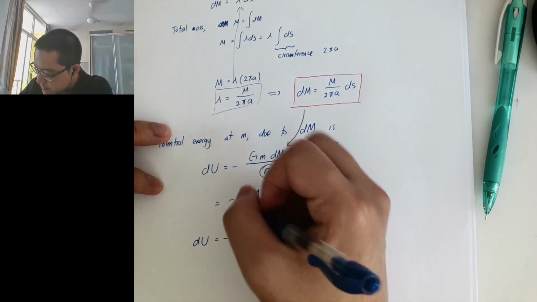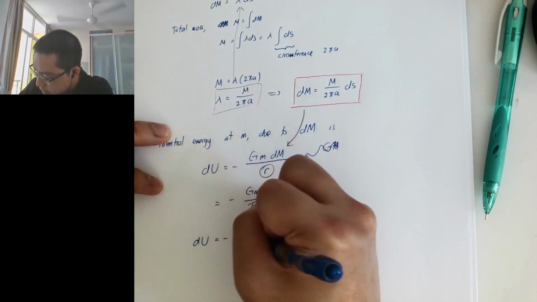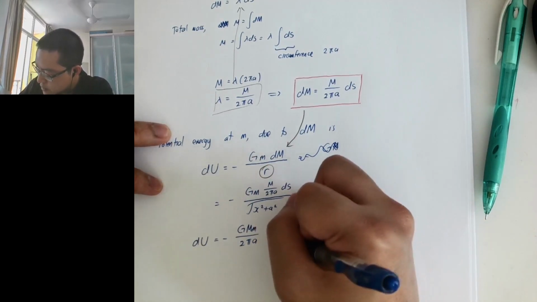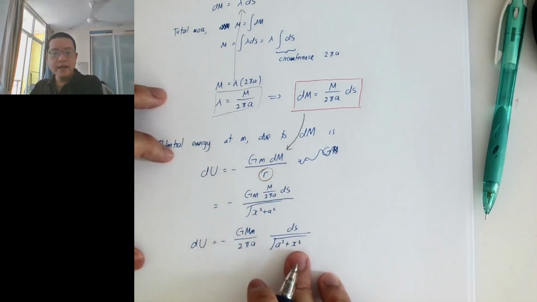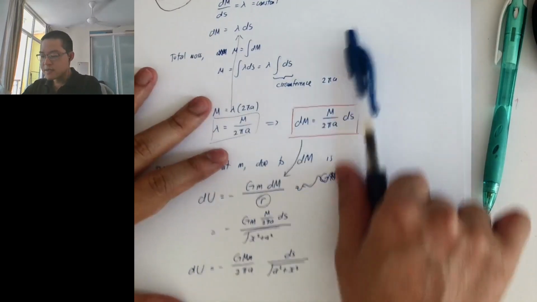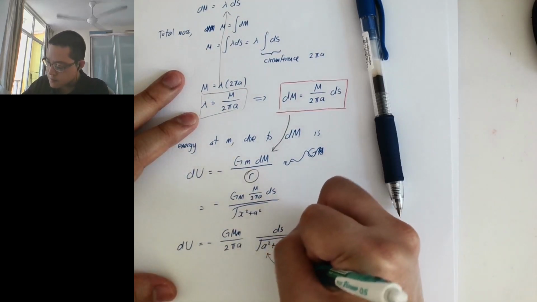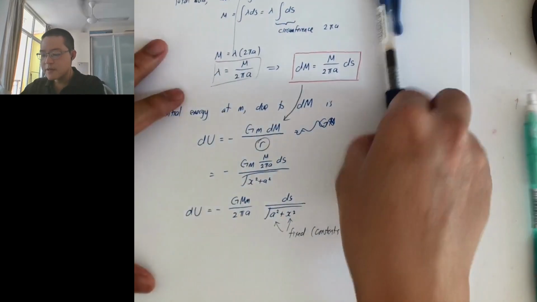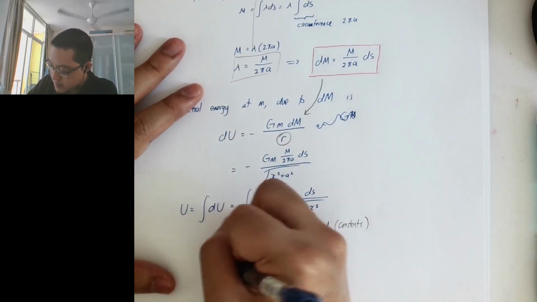I got negative G m over 2 pi a, and then ds over square root of a squared plus x squared. Okay, so x squared and a squared are both fixed, so these are constants. So I can take them out of the integral. So when I do the integration, I can take everything out.